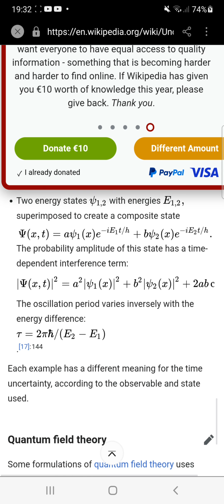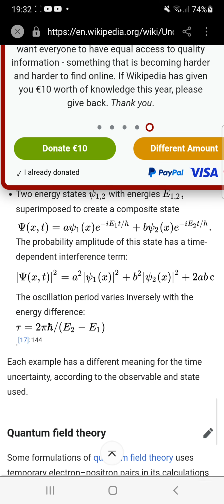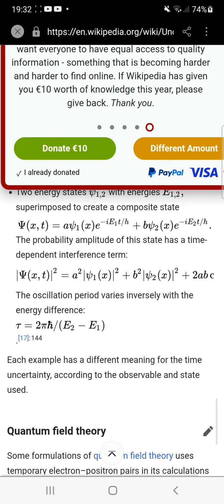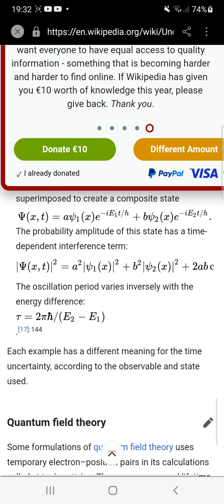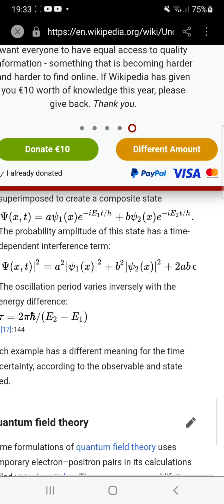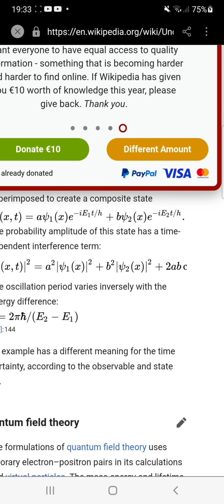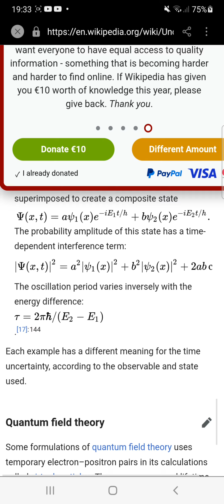Two energy states psi 1, 2 with energies E1, 2 are superimposed to create a composite state: phi of x, t equals a psi 1 of x times e to the power of minus i E1 t divided by h bar plus b psi 2 of x times e to the power of minus i E2 t divided by h bar.